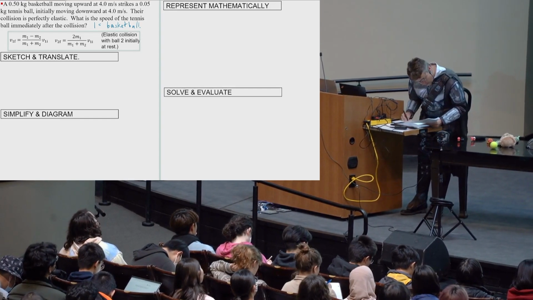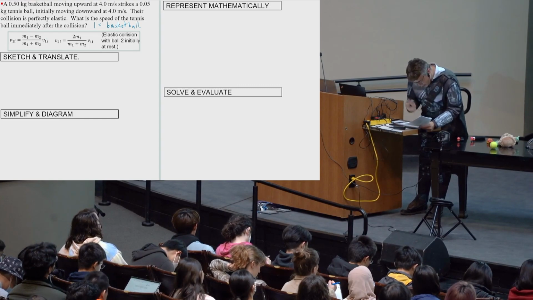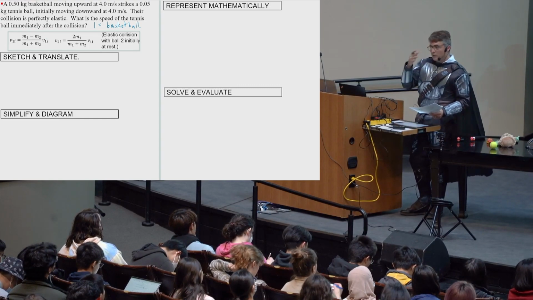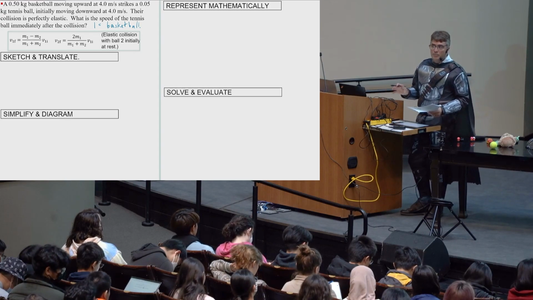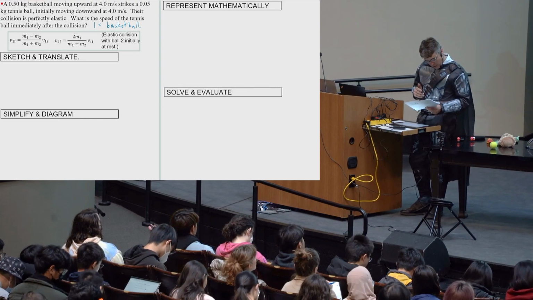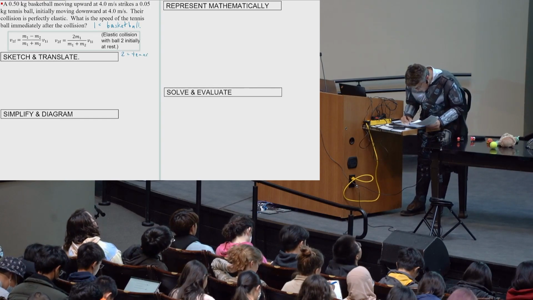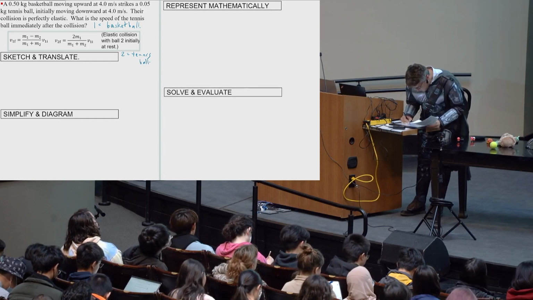Okay. And here are those equations which I recommended go on your aid sheet for the final velocity of ball 1 and ball 2 when ball 2 is initially at rest, which it's not in this case. So 2 is going to be the tennis ball. But I'll show you the trick that we do in physics.